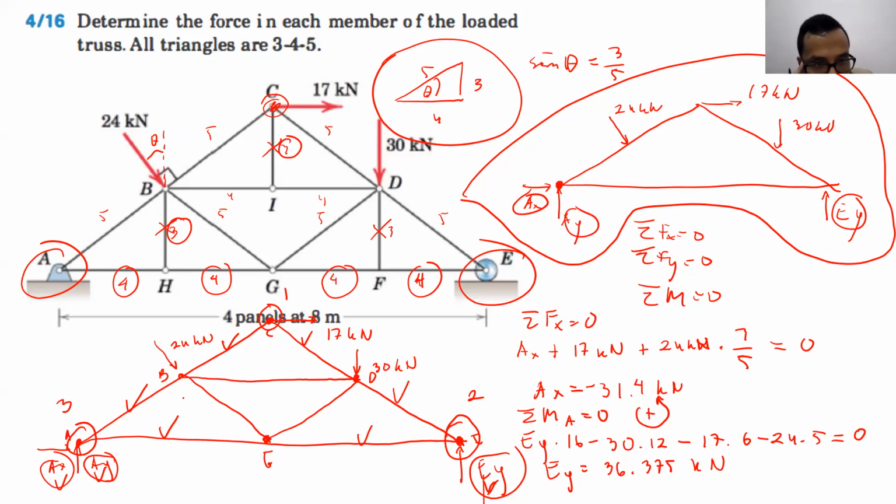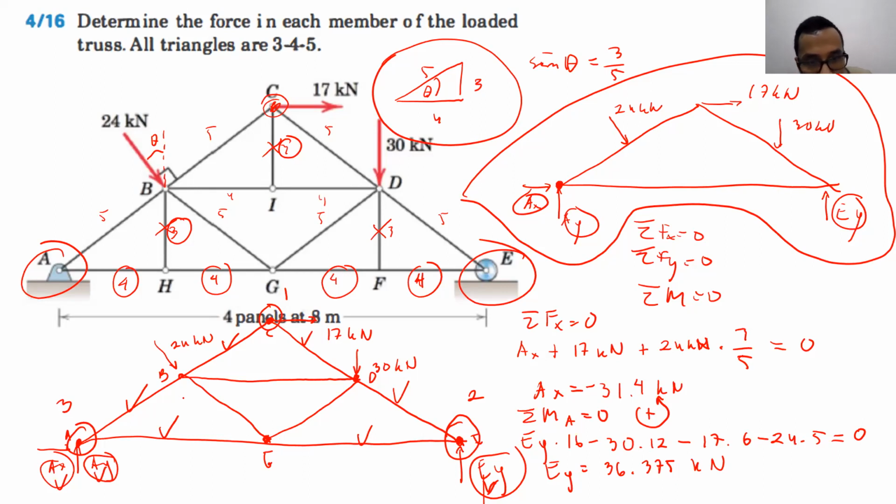Lalu selanjutnya, kita coba lihat ke sisanya tinggal join G, join B, sama join D. Mana yang selanjutnya kita kerjakan dulu? Coba DG lihat dulu.